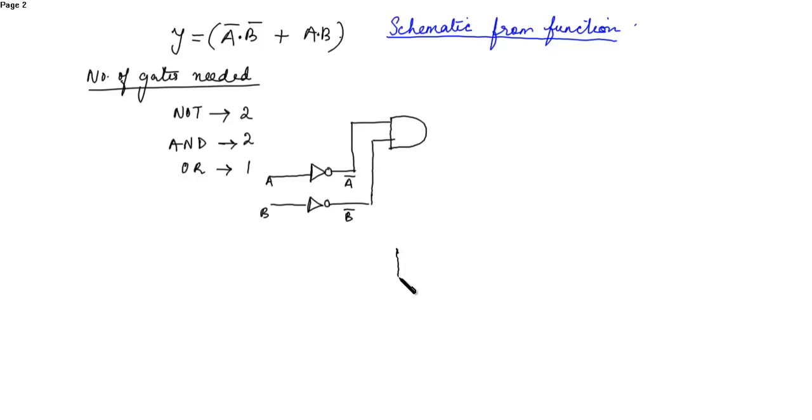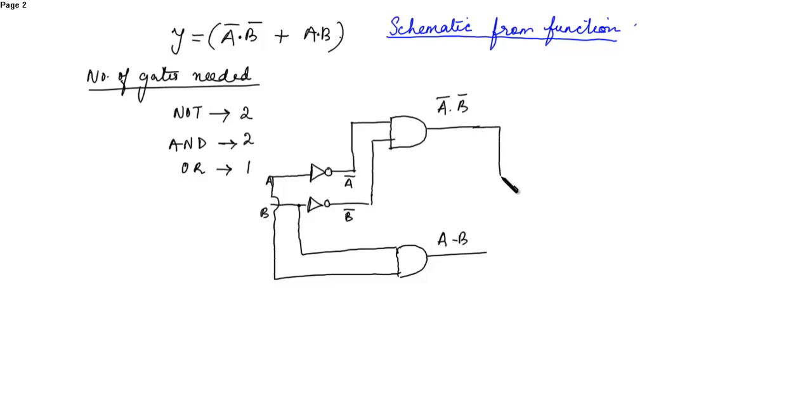The next, this is A, this is B. Okay, so this is A bar dot B bar and this is A dot B. This is the OR gate.